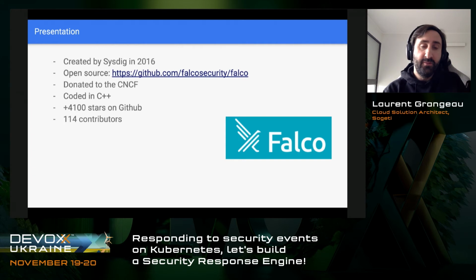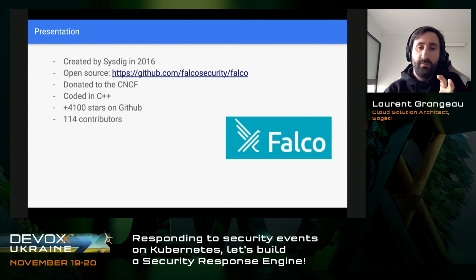It's coded in C++, so it's really low level programming to be able to run in the kernel. One or two months ago, it had more than 4,000 stars on GitHub, so it's being watched by lots of people, and it had around 114 contributors, so it may have evolved.